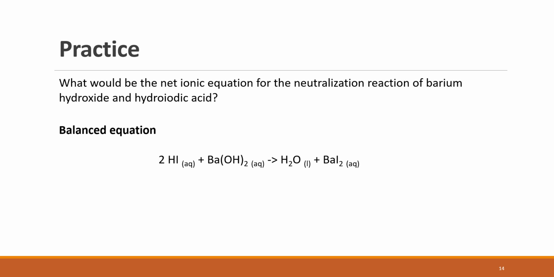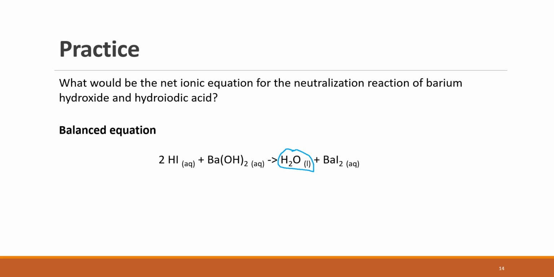Next, we need to determine the spectator ions. Anything with an aq by it can be separated into its ions. So the only thing that is not going to change at all is this H2O, because it has an L by it, indicating it's the liquid.